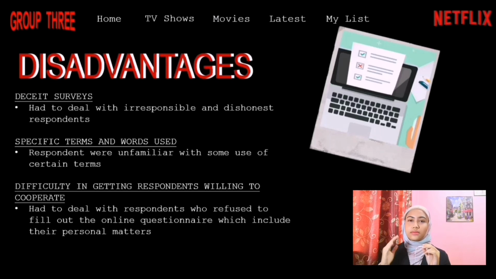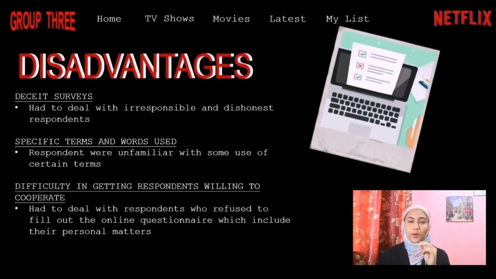The last disadvantage is the difficulty in getting respondents who are willing to cooperate. The most challenging part is dealing with respondents who refuse to fill out the online questionnaire because it includes their personal matters. For example, in our online questionnaire, respondents are required to choose their salary range and also put their phone number, but some are uncomfortable sharing such personal information.